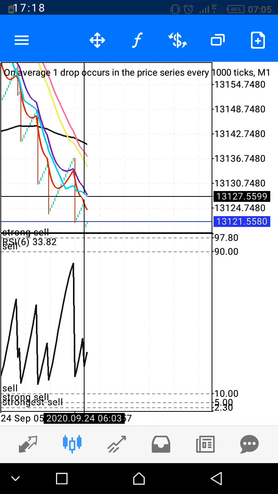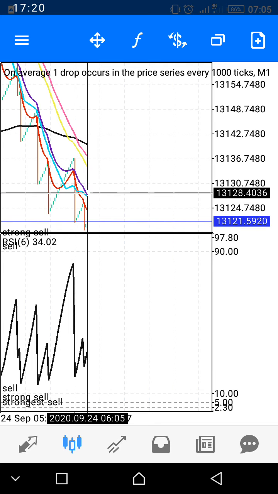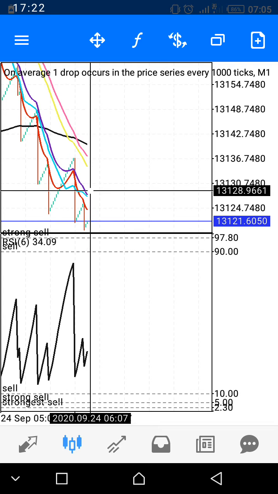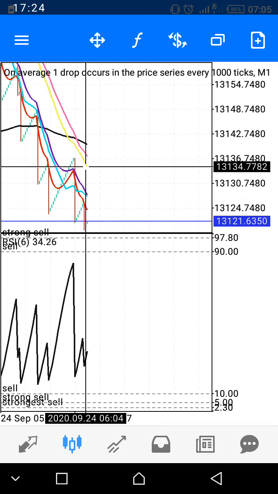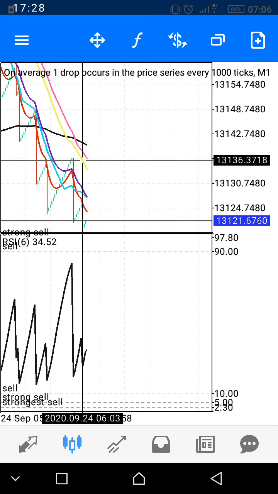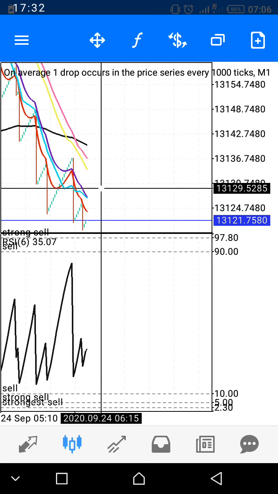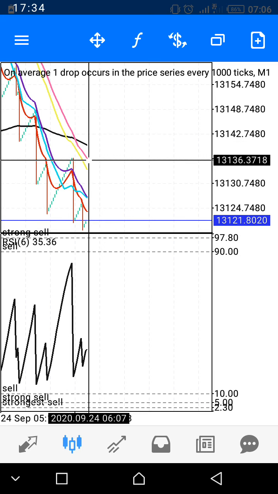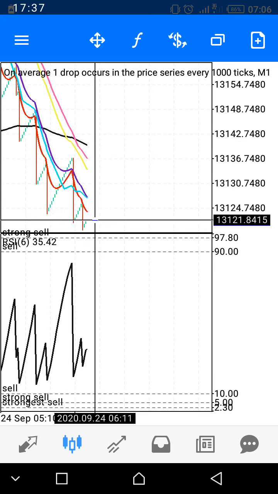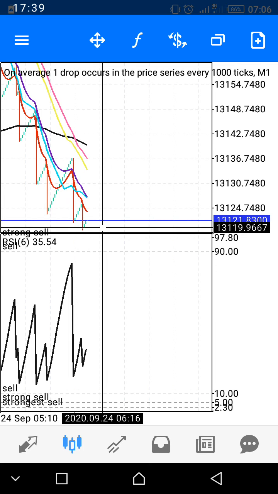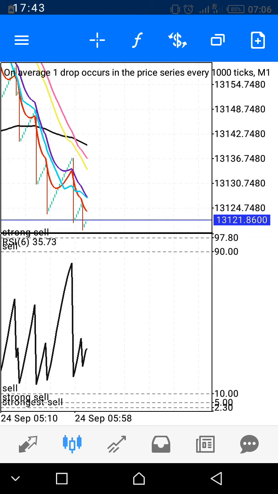If it does not spike there, it must spike when it gets to the 22 EMA. And if it does not spike there, when it gets to the yellow 48, it will spike. And if it does not spike there, it cannot pass this 55 EMA without a spike, as long as the trend is a downward trend, a bearish trend, a sell trend. Do you get this, guys? So let's continue.